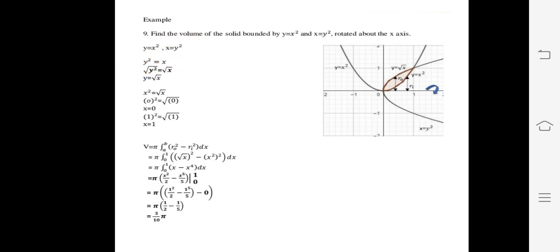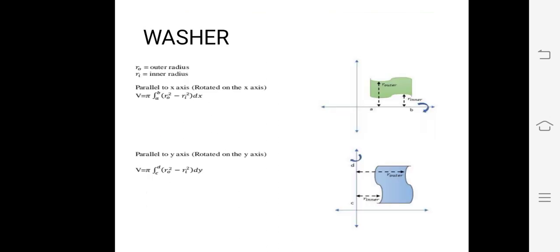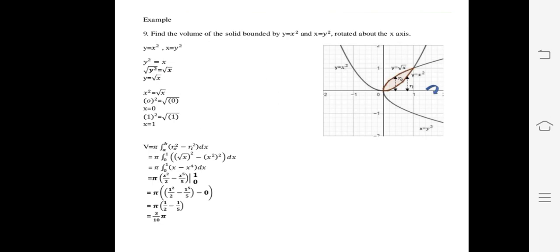So y squared is equal to x, so to cancel the square we need to take the square root. The square root of y squared is equal to the square root of x, so y is equal to the square root of x.